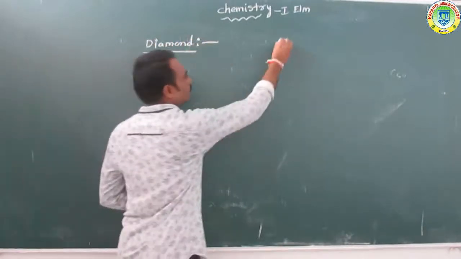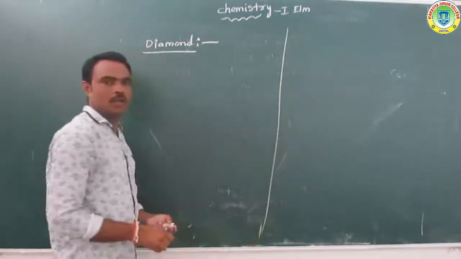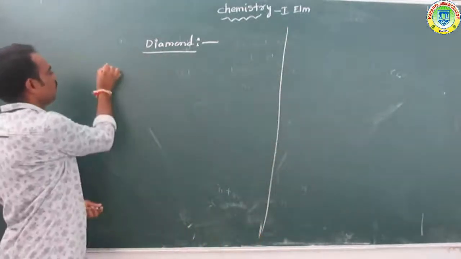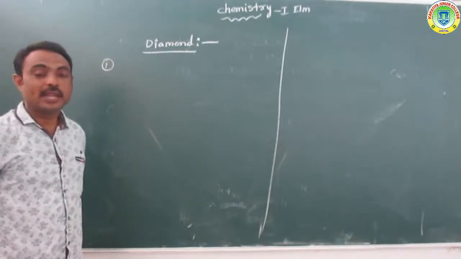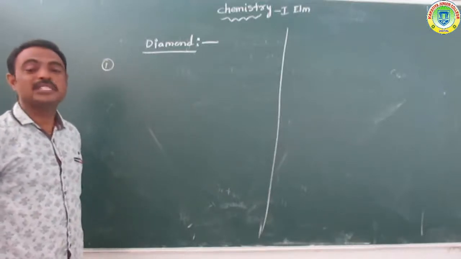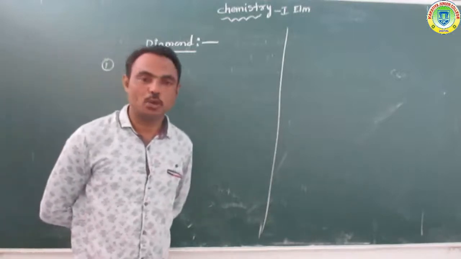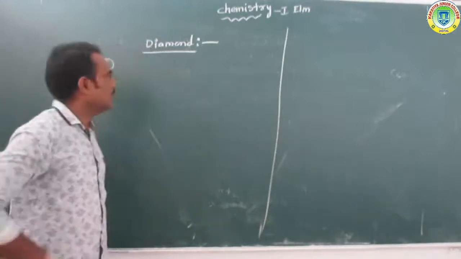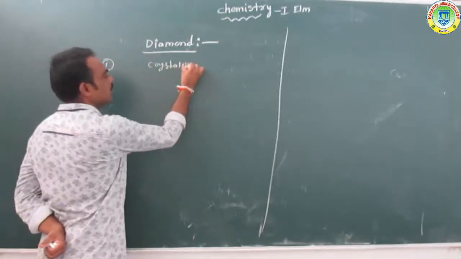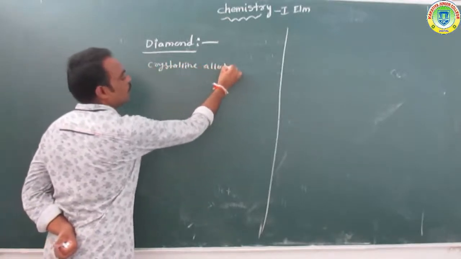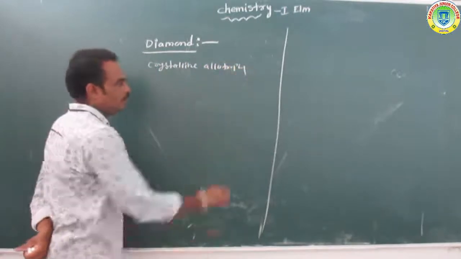Already we know that diamond is one of the best examples of crystalline allotropy of carbon.